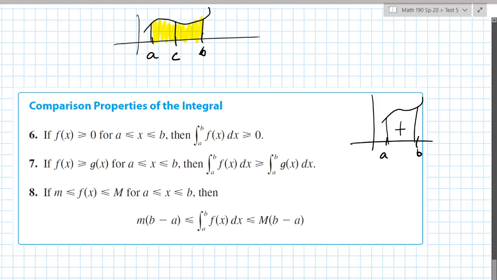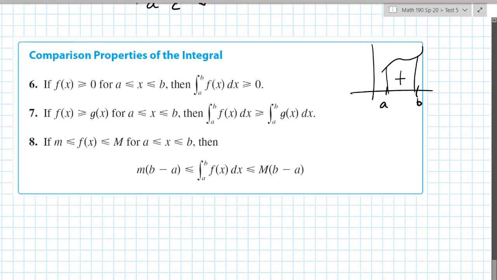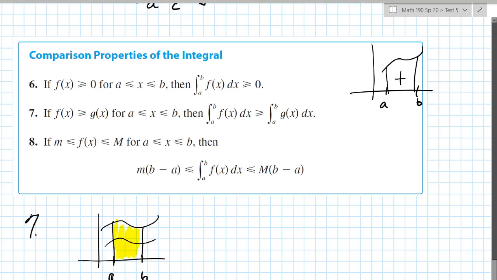The next one says that if we have f of x bigger than or equal to g of x, so here's f of x and here's g of x, from a to b, then the definite integral of f of x, in yellow, is larger than the definite integral of g of x.